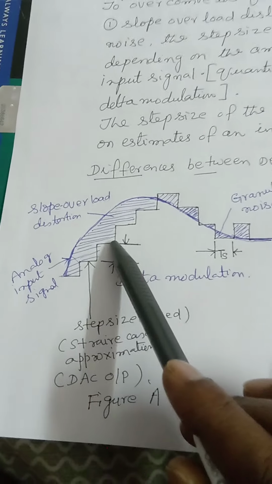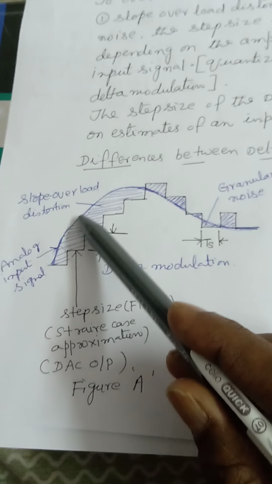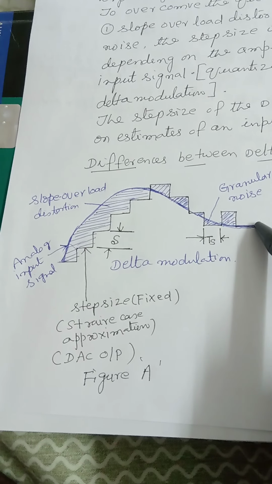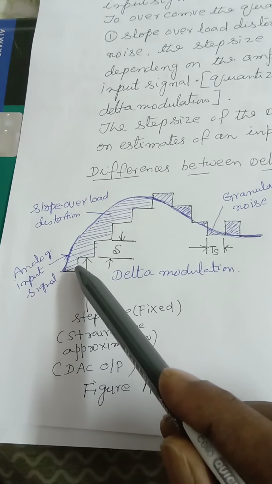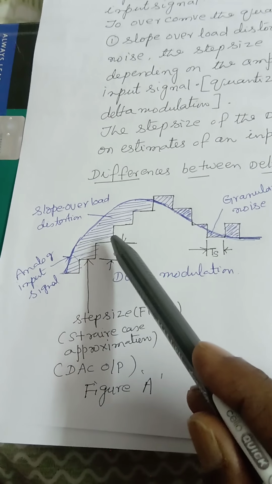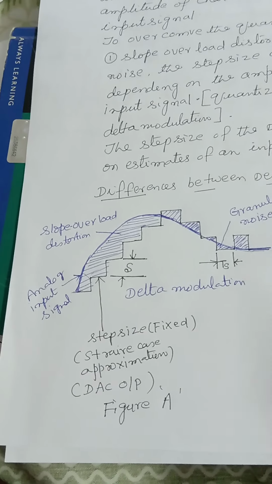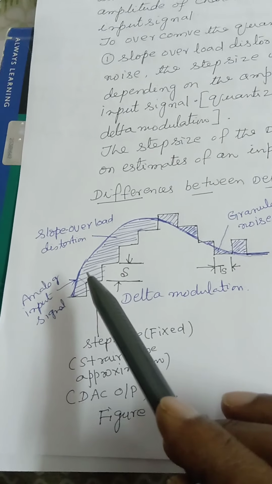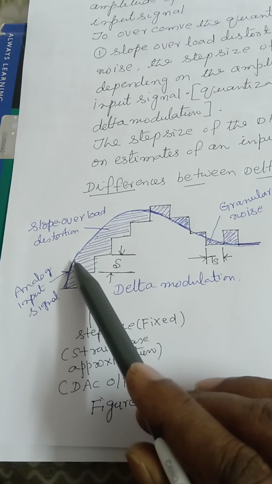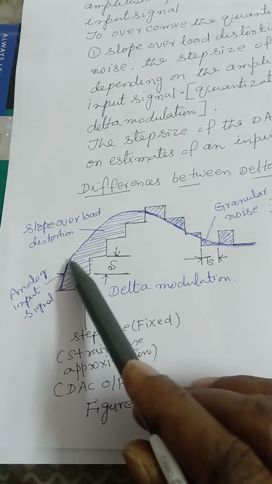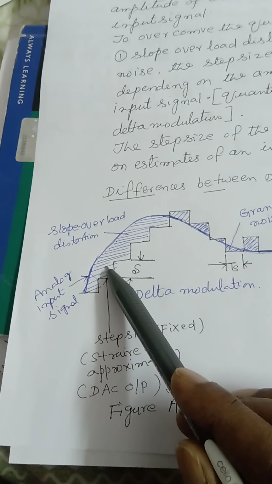Come to the delta modulation system. Now you see this is the analog input voltage or analog input signal, and the black line is the step size. Now you observe the difference between the analog input signal and the step size of the digital to analog converter.